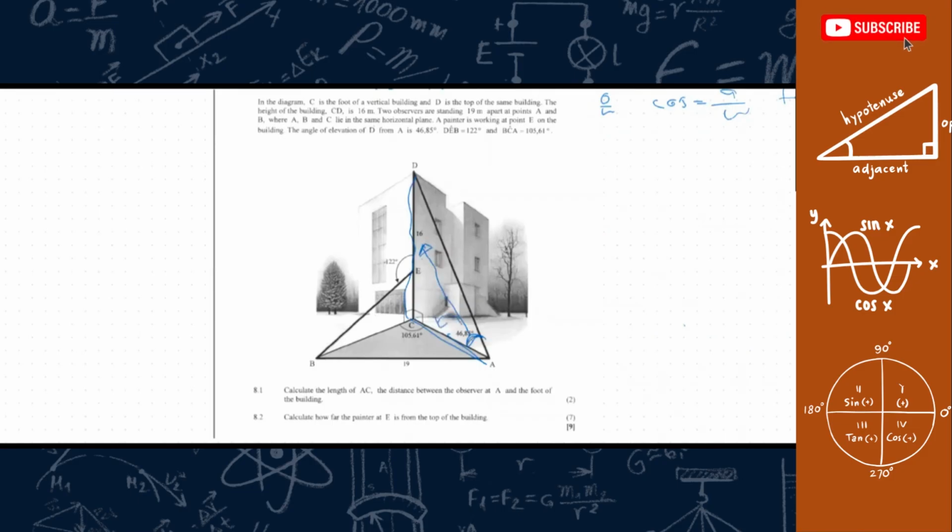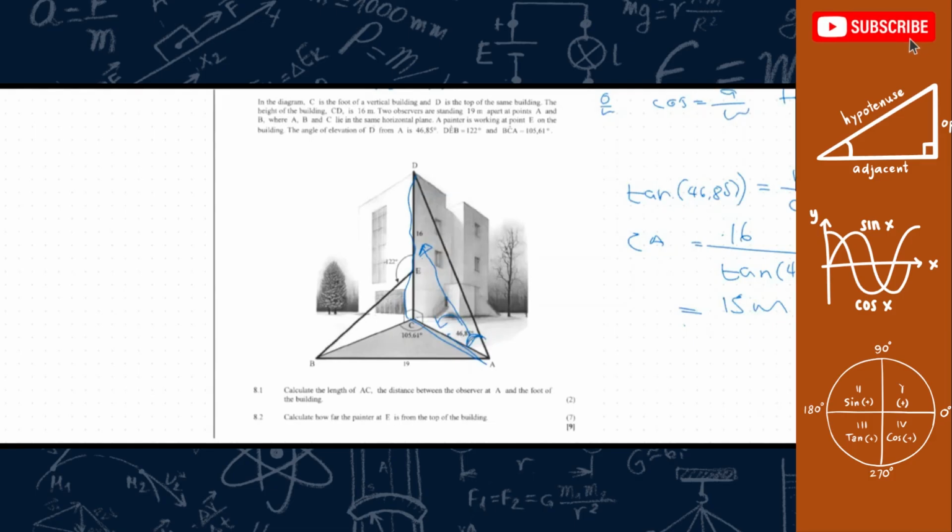So we'll just use tan. So tan of 46.85 is equal to the opposite over adjacent. So AC would be equal to 16 divided by tan of 46.85. And that's giving us 15 meters.